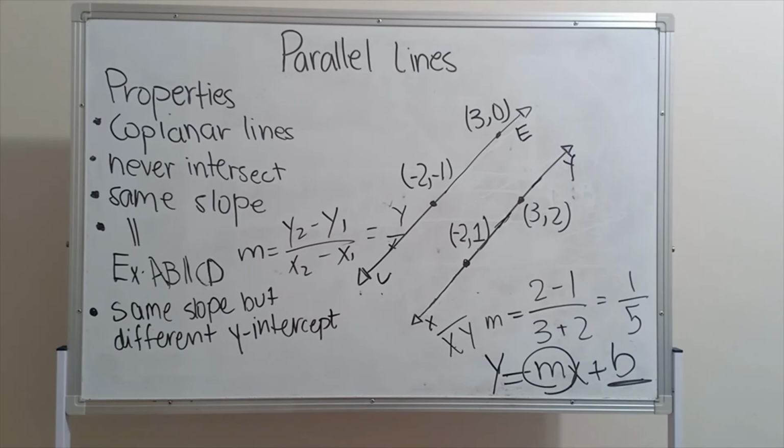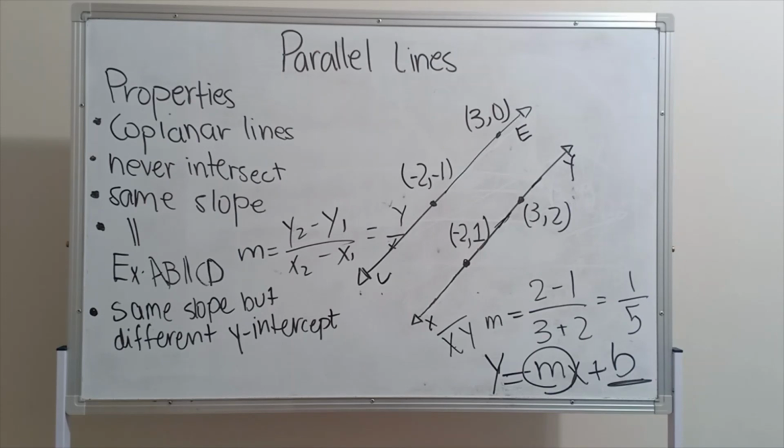So they have to have a different y-intercept because, as I said before, if they have the same y-intercept, that will mean that they're the same line. However, that is not the case here. So they would have to have a different y-intercept. Their intercepts cannot be the same number.